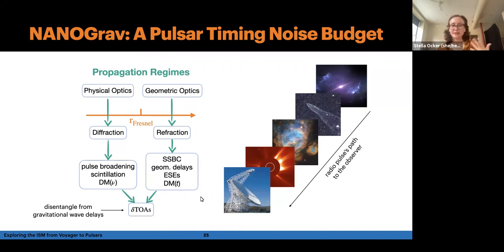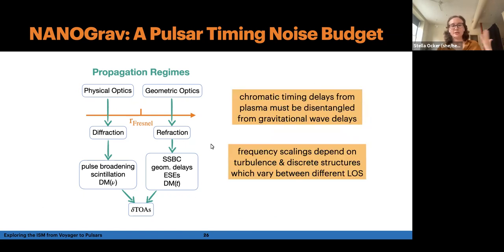All of these different propagation effects yield delays in the expected pulse time of arrival. This is really critical to understand for NANOGrav, because NANOGrav wants to detect the timing delays from gravitational waves. And in order to detect the timing delays from gravitational waves, you must first disentangle chromatic timing delays that arise from propagation through plasma.